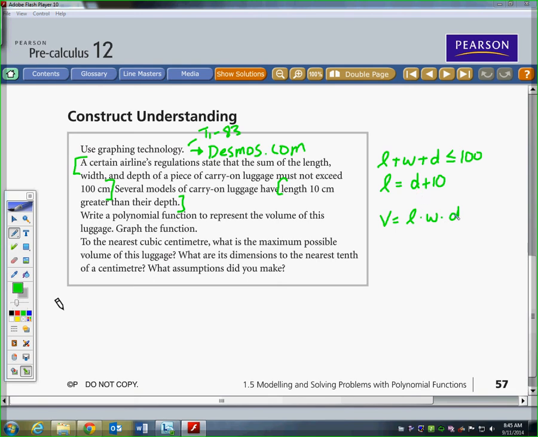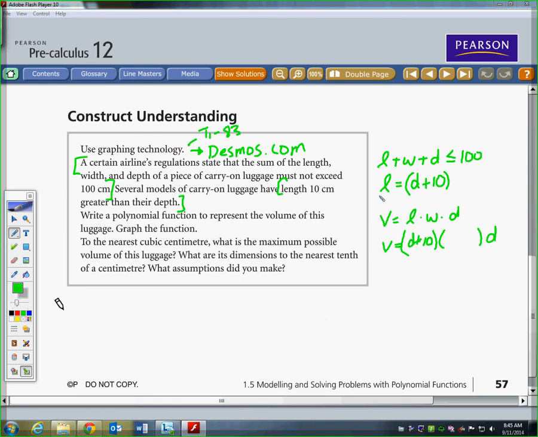So if I'm going to write V is equal to, instead of length, I can write d plus 10, times the width, which we'll leave for a second, and then times d.